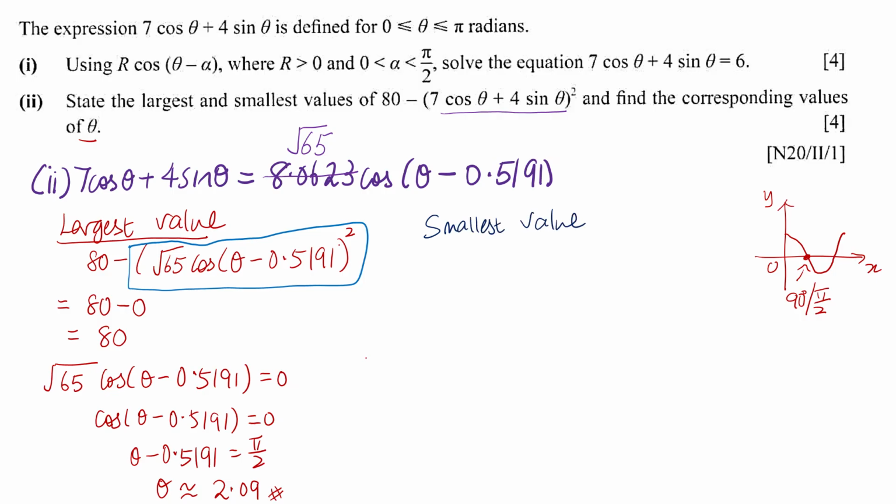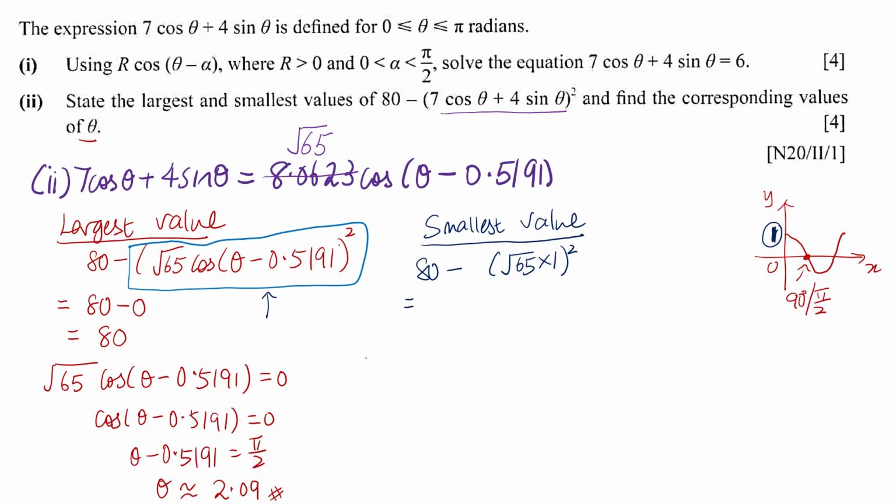All right. So the smallest value will be 80 minus. This expression needs to be the biggest. The biggest is when I square it, right? The biggest value for your cosine curve, your biggest y value is 1. So that means the biggest value I have will be square root 65 times 1 squared.